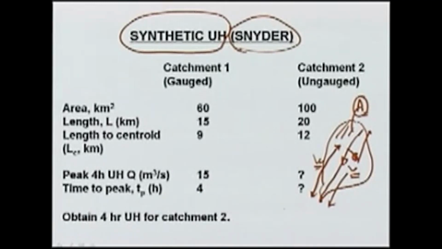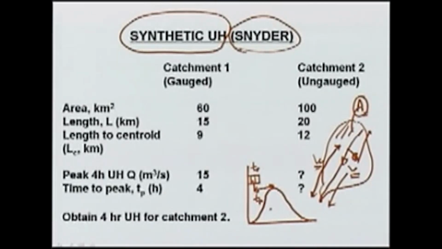So, what Snyder has in his synthetic hydrograph, he has related the characteristics of the hydrographs. Suppose this is the duration of the rainfall TR, effective duration, from the center of this rain to the peak, he called the lag as Tp.